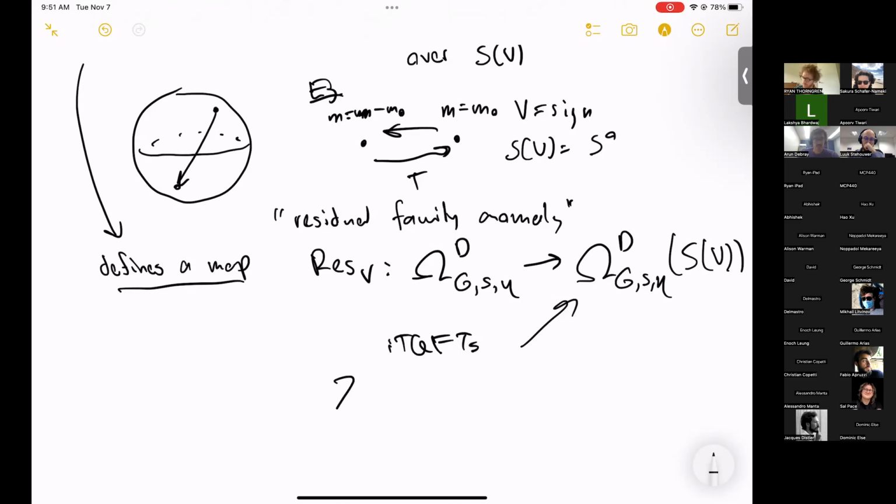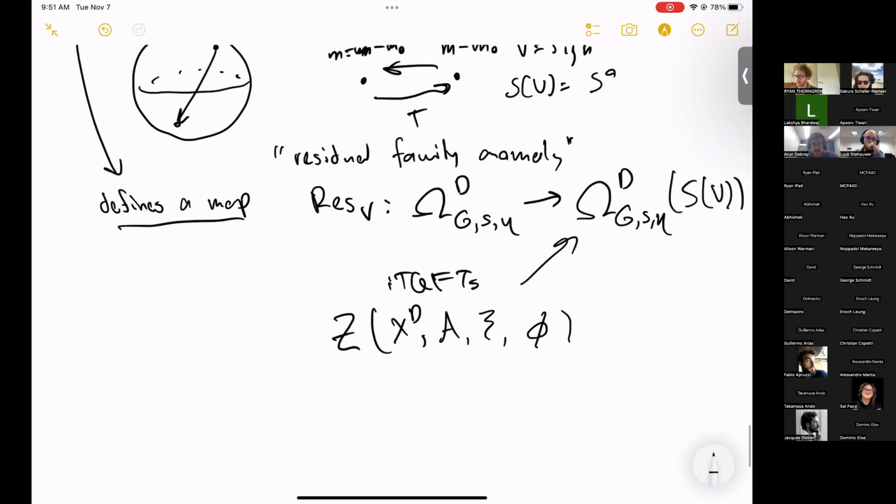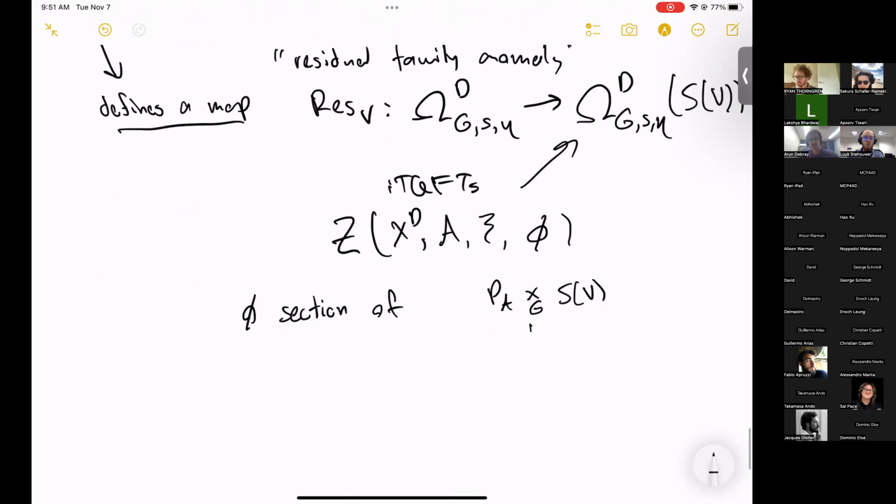They're equipped with their partition functions that you can evaluate on a spacetime with a G gauge field and with some structure, which is just what we had before. But the extra thing is some phi, where phi is a section of this associated bundle. We take the gauge bundle, we take the G product with the sphere. So phi is a section of this bundle.